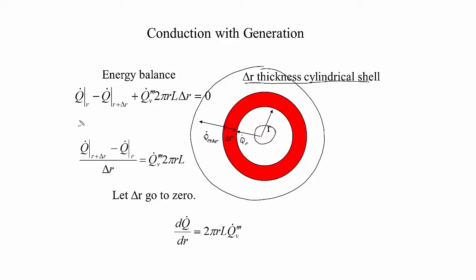For this energy balance, the way I want you to think about this is that energy in minus energy out is equal to the rate of storage of energy minus the amount of energy that's generated.